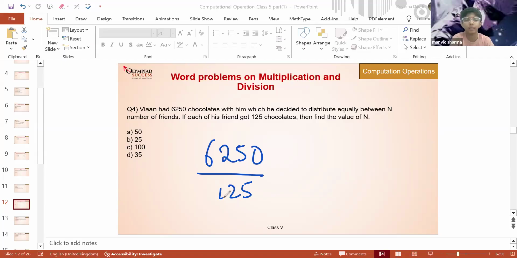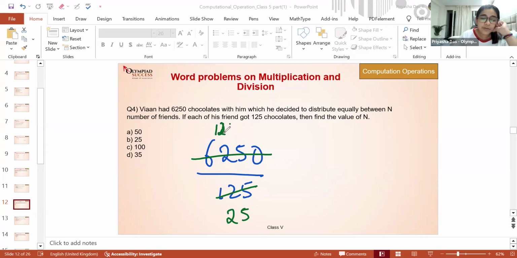Manvik, say fast. Ma'am, can I answer? Yeah. Ma'am, my answer of the question is 60 because 125 5s are 625, and when 0 is left, you just take 0 to the quotient, so answer will become 50. What was the number at the top you said, Manvik? Ma'am, 5.